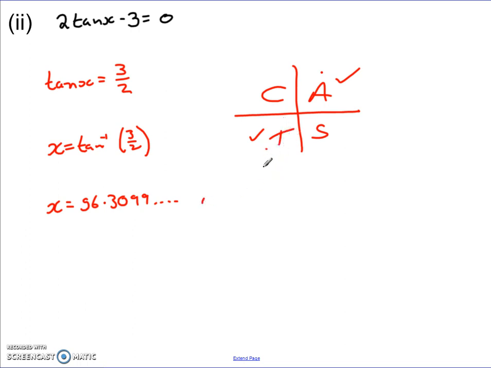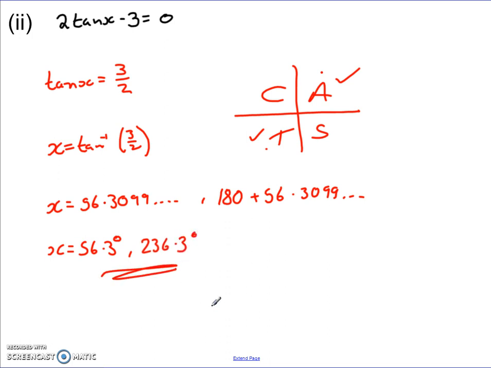Then to get the one in the T, I do 180 plus that solution, so 180 plus 56.3099 and the rest of the number. Rounding to 1 decimal place again, I get 56.3 degrees, and 180 plus that gives me 236.3 degrees. So there's my two solutions.